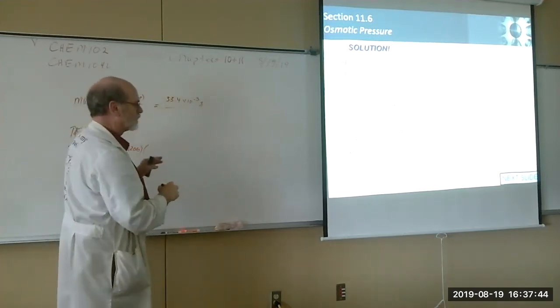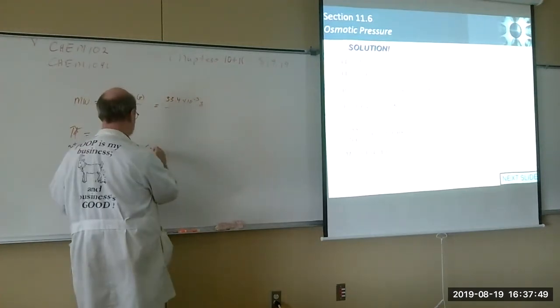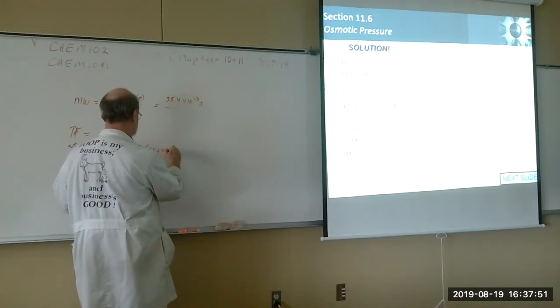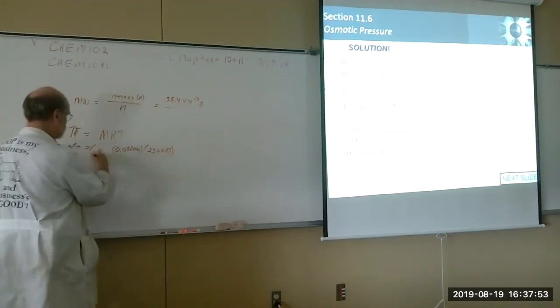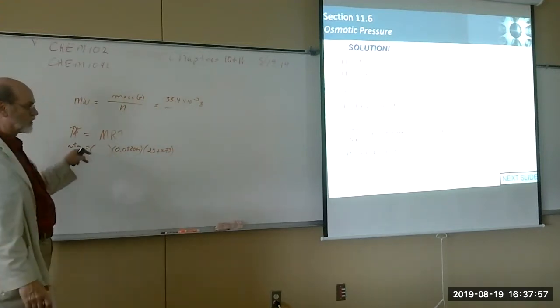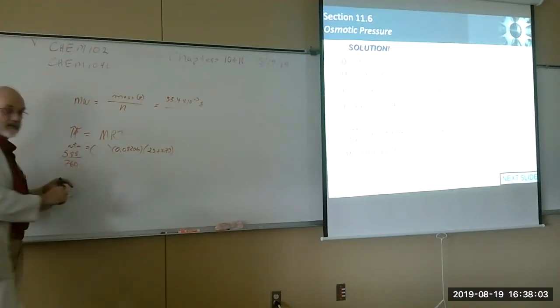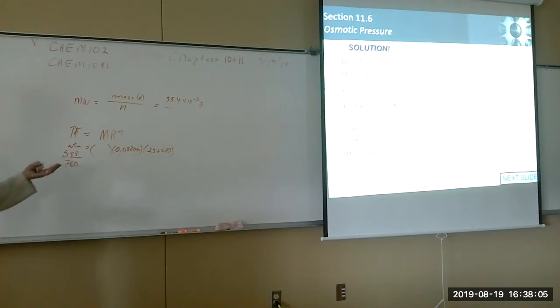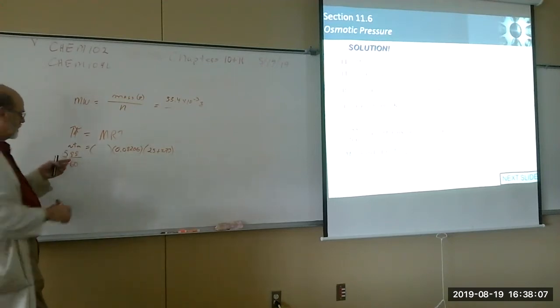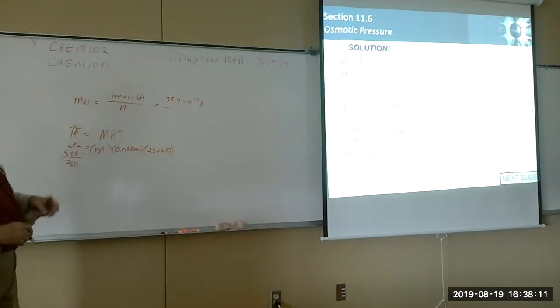Temperature in Kelvin would be 25 plus 273. Then we just need, what's the molarity? Well, that's our unknown because we know what the pressure is. It's 558 torr divided by 760. That's its conversion to atmospheres, right? Convert that to atmospheres. Then we solve for molarity.